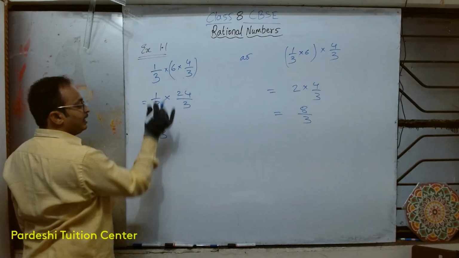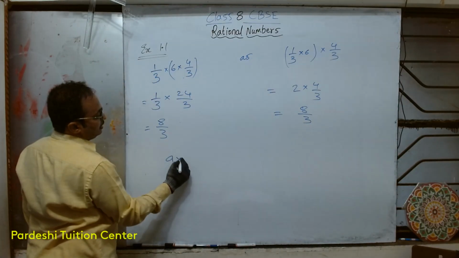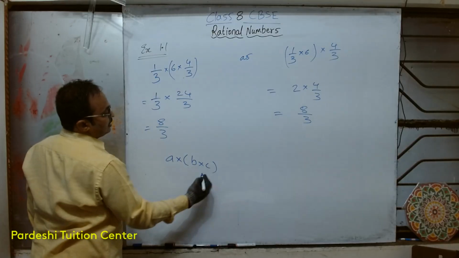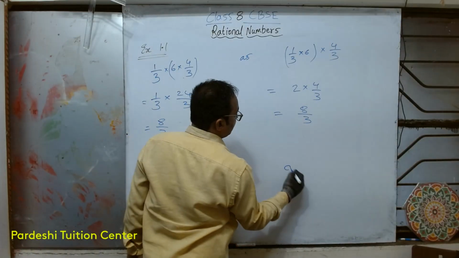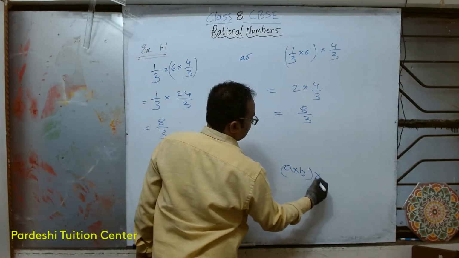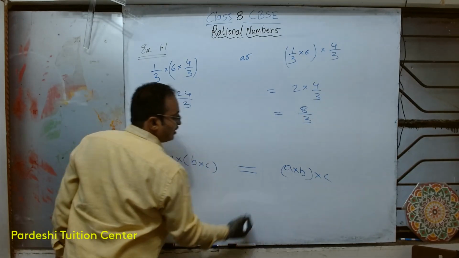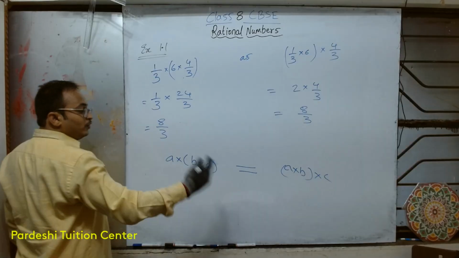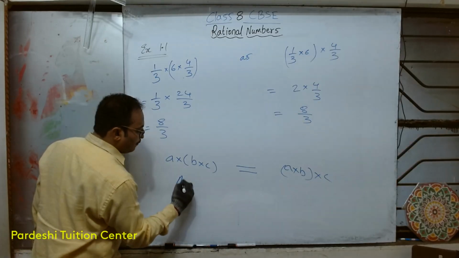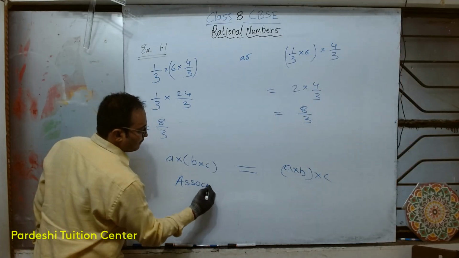If I consider A multiplied by B multiplied by C, then it will be A multiplied by B multiplied by C. And these two terms are equal because here we have used the associative property for multiplication.